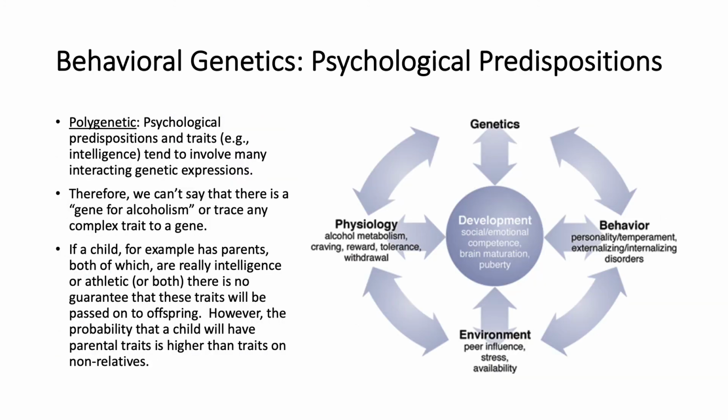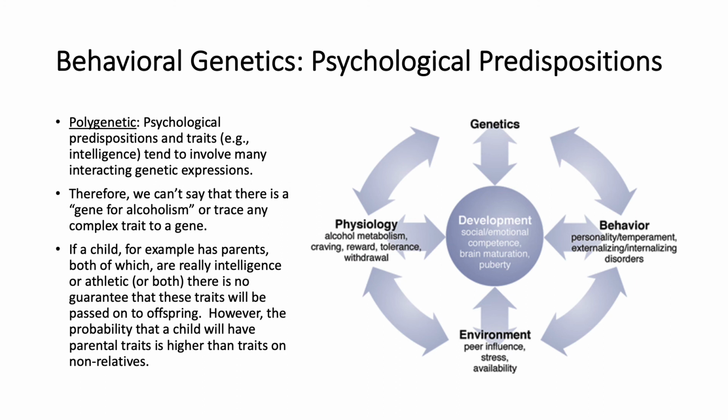In the field of behavioral genetics, we look at how psychological predispositions, abilities, and all of the things under the heading of psychological function are inherited, like what aspects of them are inherited. So these are generally not linear kinds of inheritance.